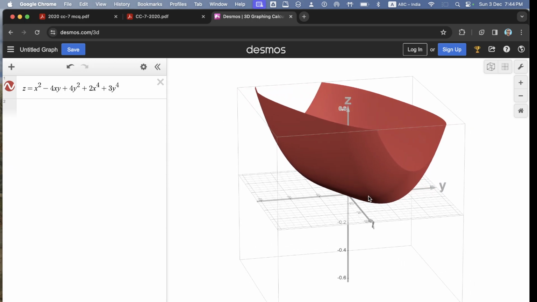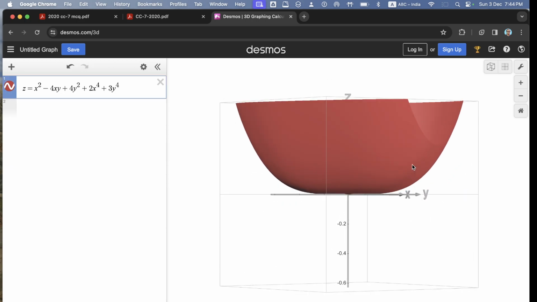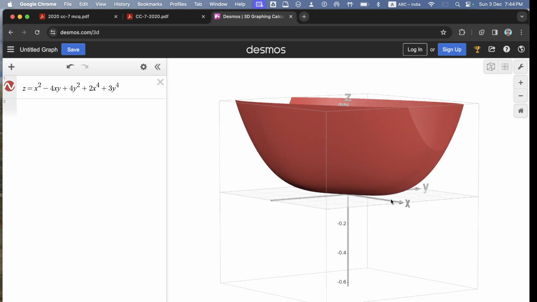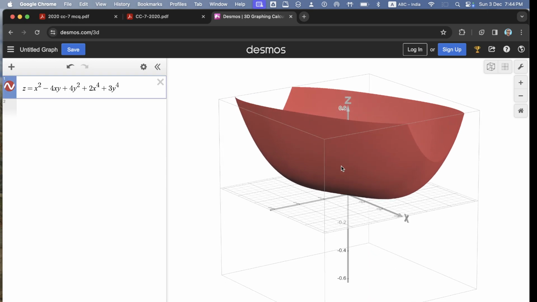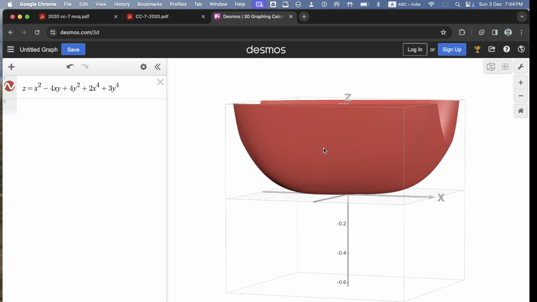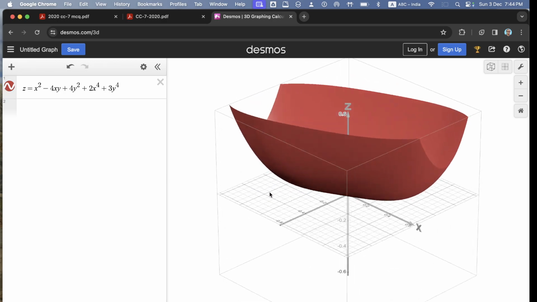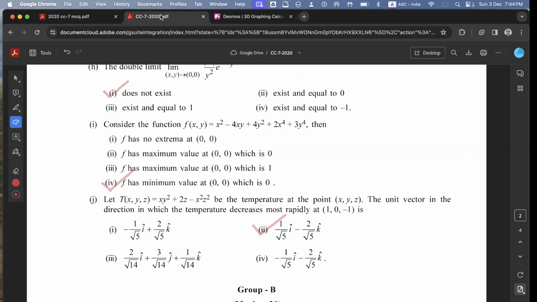So for this question, this is the x-axis, this is the y-axis, and this is the z-axis. From this three-dimensional figure, the question is: consider the function f(x,y) equal to this, then f has minimum value at (0, 0), which is 0.